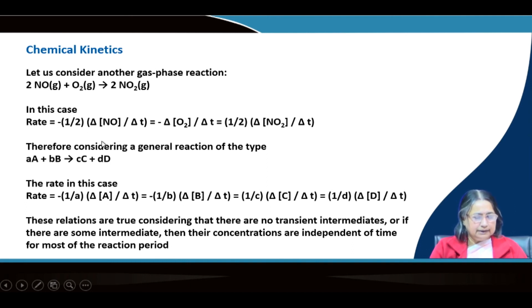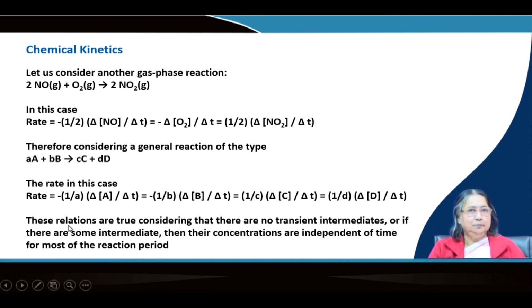Now, to generalize this, if the reaction is A plus B giving C plus D, then the rate you can express in this way: minus delta A by delta t, and then minus delta B by delta t with minus sign, then delta C by delta t with positive sign, same is true for D. So, this relation you have to understand and keep in mind.